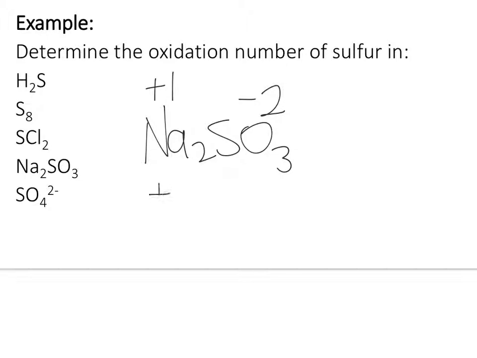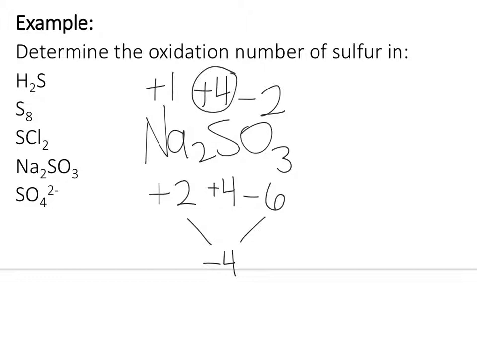Okay, so sodium's going to have a total of +2, oxygen -6. That gets us a total of -4. To get all this to 0, sulfur is going to have to be a +4, which, as I kind of figured, is not actually its normal charge.